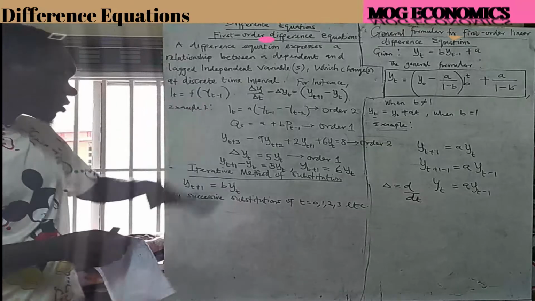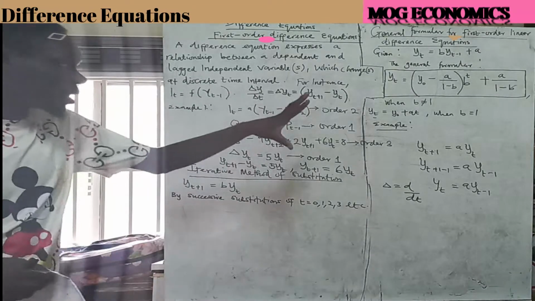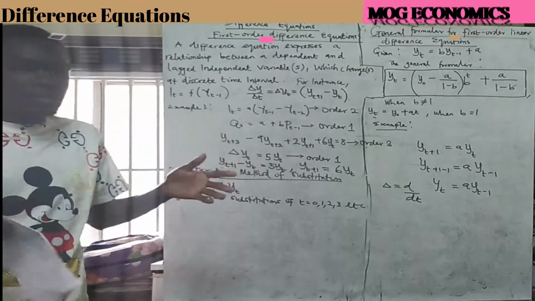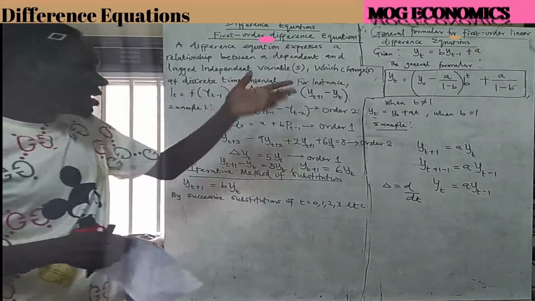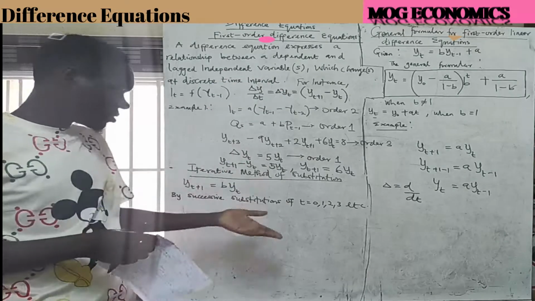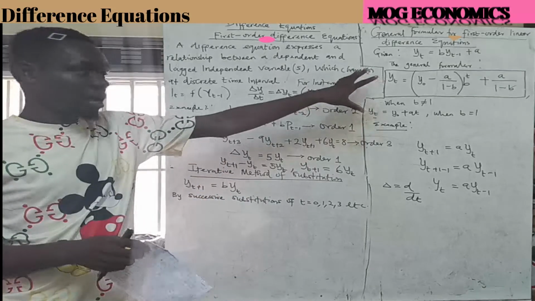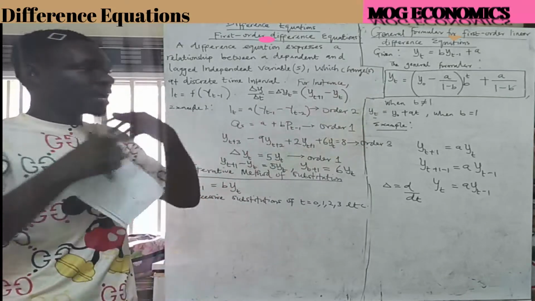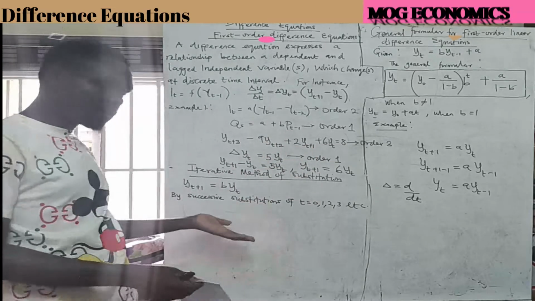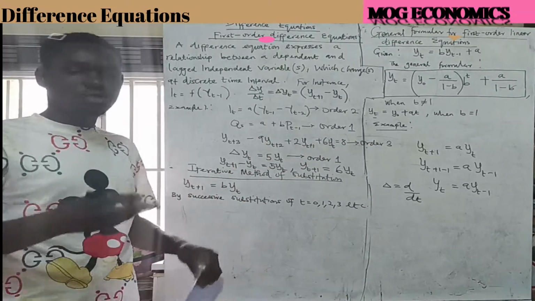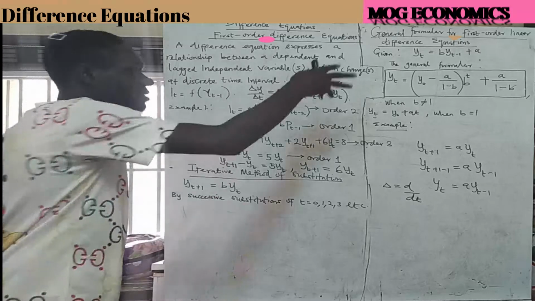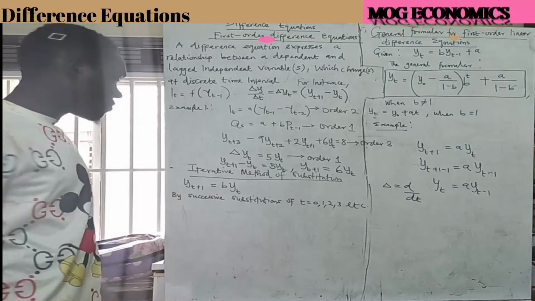This difference equation also has its own general formula. But there's an iterative method of arriving at this formula. The formula takes us directly to solving the question, but the iterative method takes us through the process of getting to that general formula.